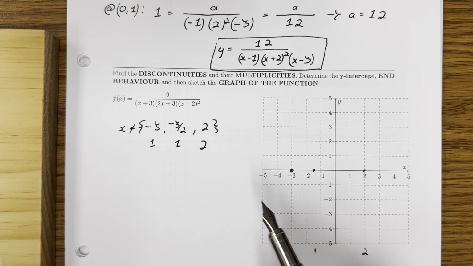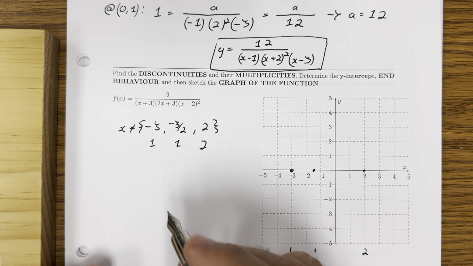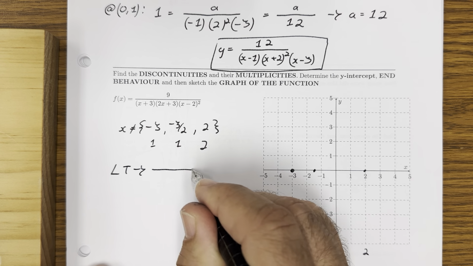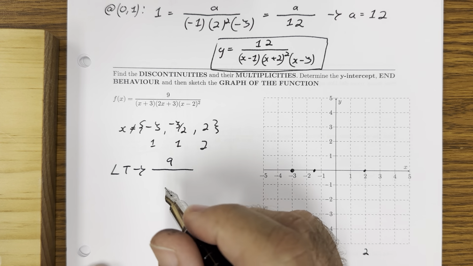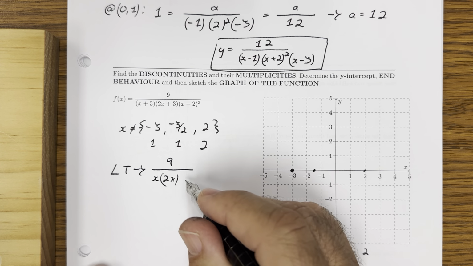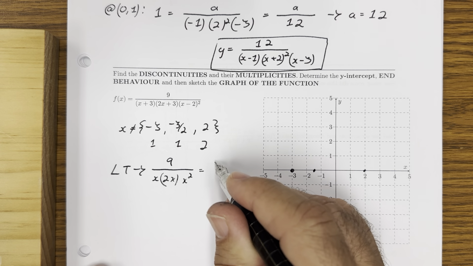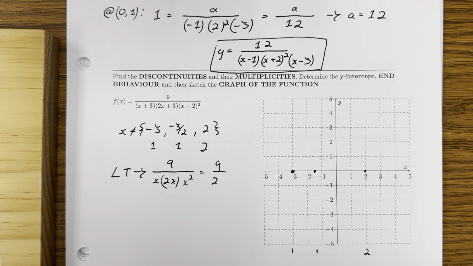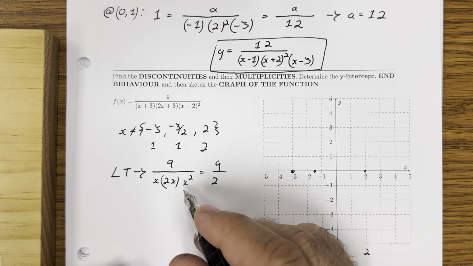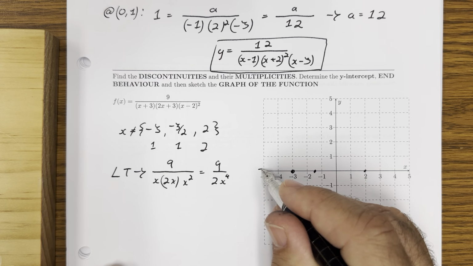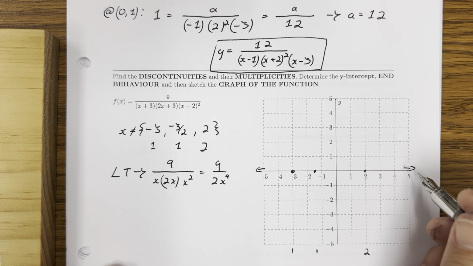And now the end behavior, which would be 9 divided by x times 2x times x squared, or simply 9 divided by 2 times x to the 4th power. So we've got the end behavior that's going to be like that.